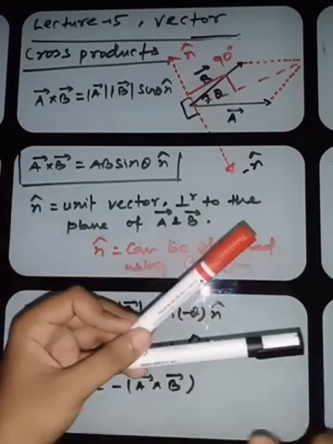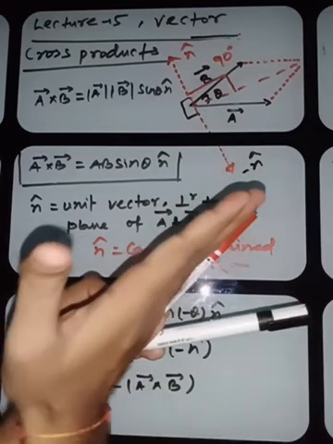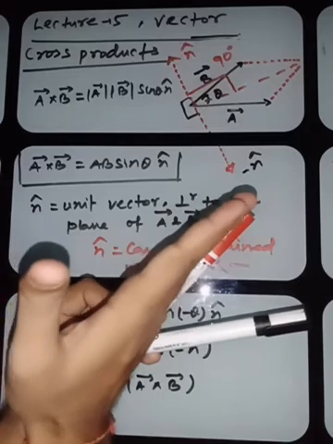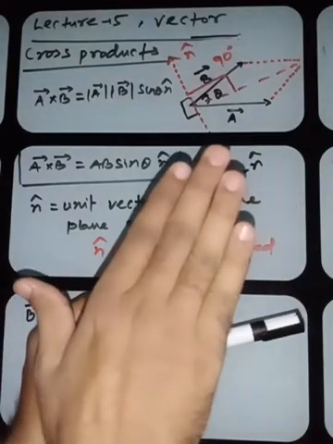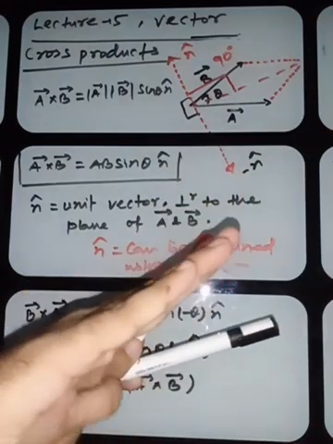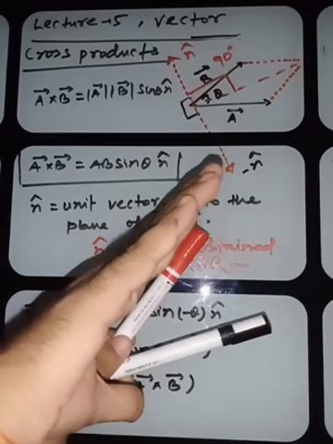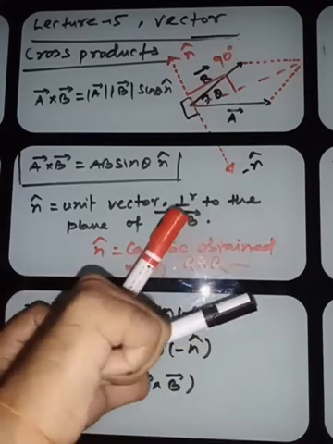Now B cross A, you will keep your forefinger in this direction. You cannot curl your finger in this way, so you have to just keep your hand in this way. Now this is your B cross A, and this will go downward.